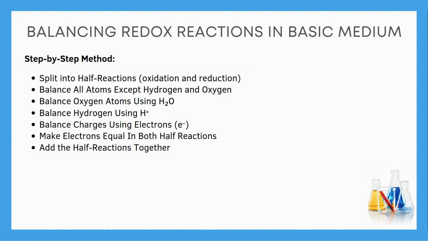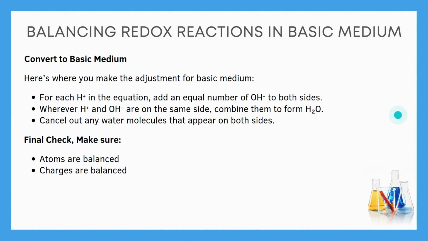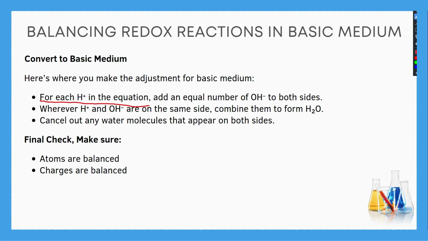Once you are done doing that, this is where you convert it to a basic medium. This is where the extra twist lies. After doing all of that, for each hydrogen ion in the equation, add an equal number of hydroxyl ions to both sides to neutralize it.